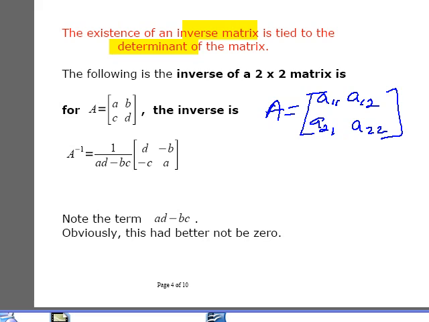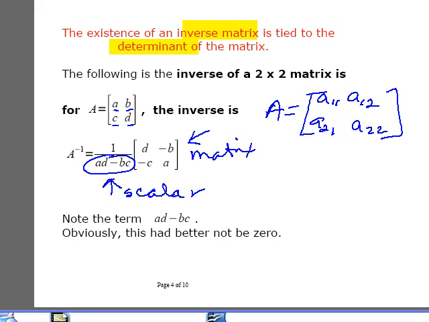Now I'm going to tell you that the inverse is 1 over AD minus BC times this particular matrix. So this is a scalar multiplying a matrix, but I'm going to write it in this form with the scalar out in front. The scalar has in the denominator A times D, which is these numbers, minus B times C, which are those two numbers.